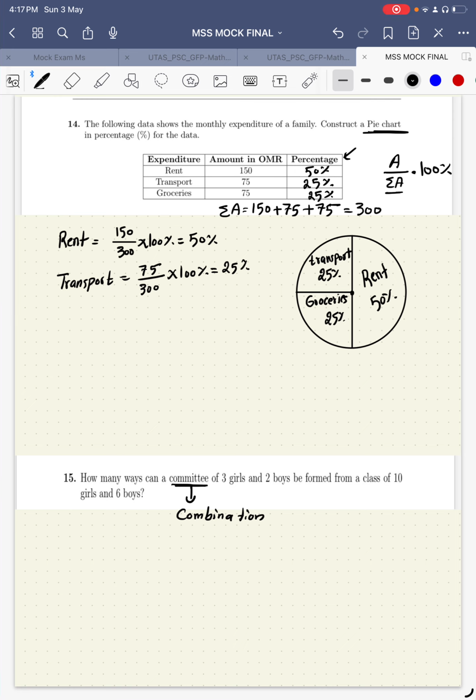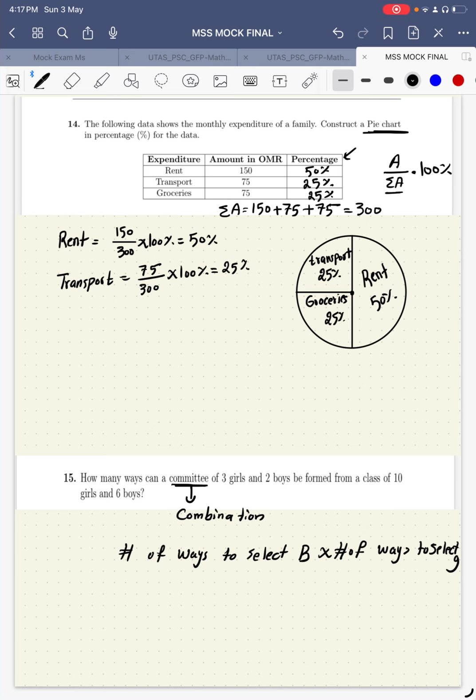So what we're gonna do, we're gonna have two things. Number of ways to select boys, which I'm gonna refer to as B, times number of ways to select girls.